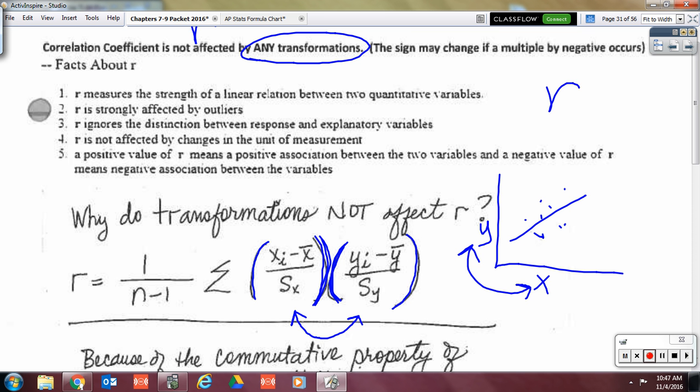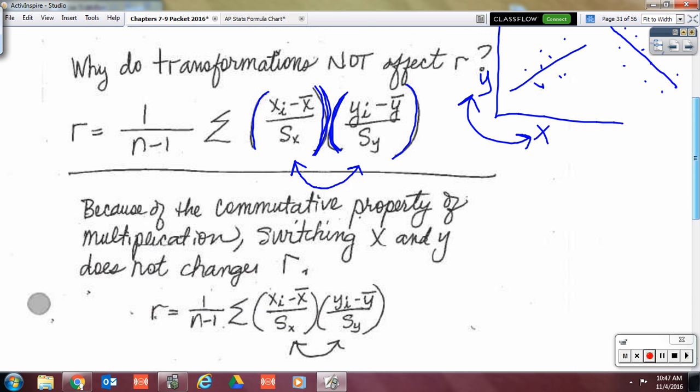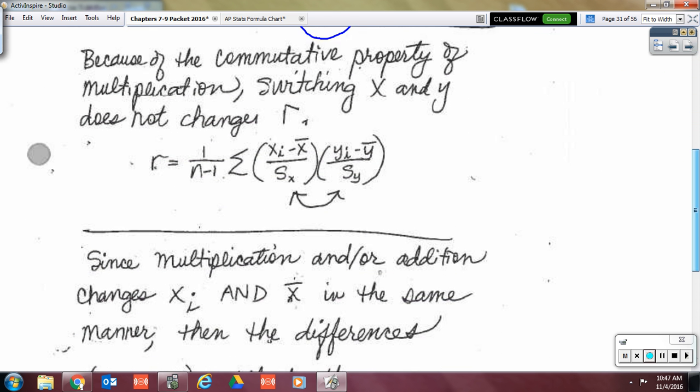The only thing is if you multiply one of the variables by a negative, then it just ends up changing this to the negative version of the correlation, but the number itself, the strength, still stays the same. So that's easy to remember. Just no change, if anything, only from a positive to a negative.